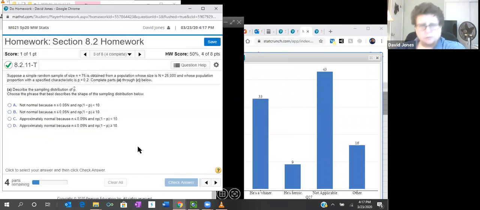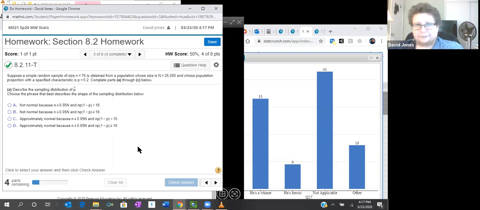Okay, so in my problem, it says, suppose a random sample of size n equals 75. I'll jot this down, and I'll bring up what I'm writing in a second. n equals 75 is obtained from a population whose total size is 25,000.